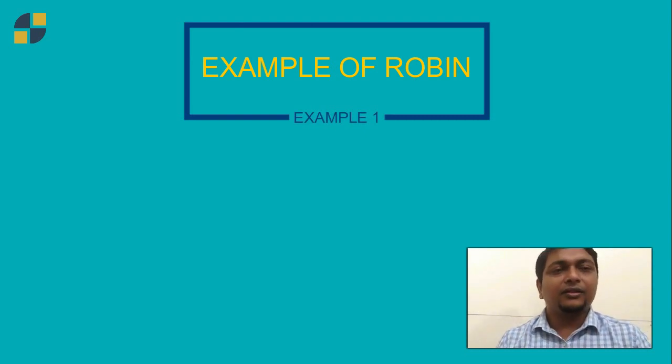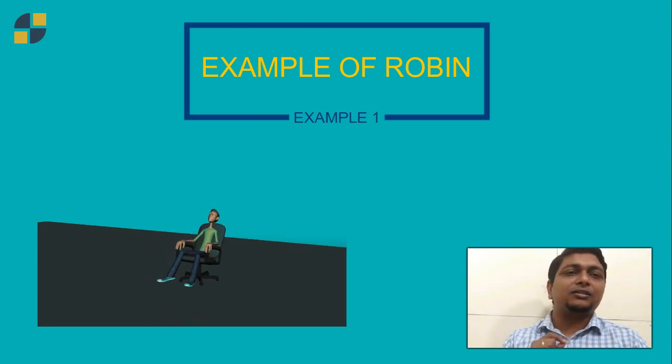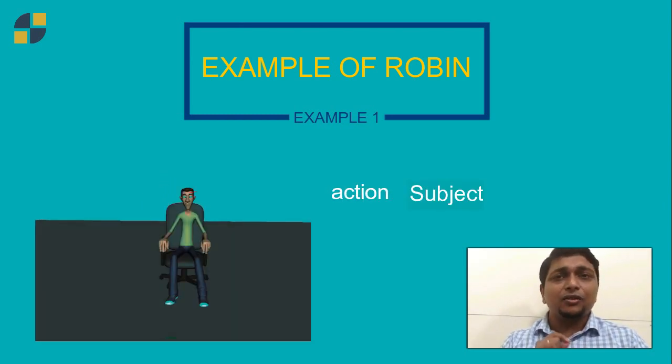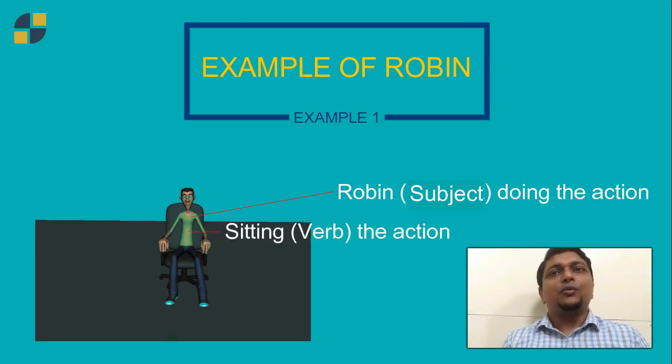First, the example of Robin. Robin is sitting on a chair. Here Robin is the subject who is doing the action, followed by sitting, which denotes the action.